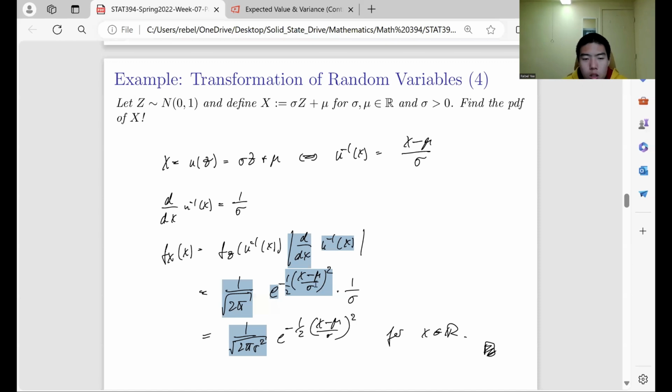And just plug in x minus mu divided by sigma into the x position of the original Gaussian distribution. And we can do one more step to put the sigma into the square root.